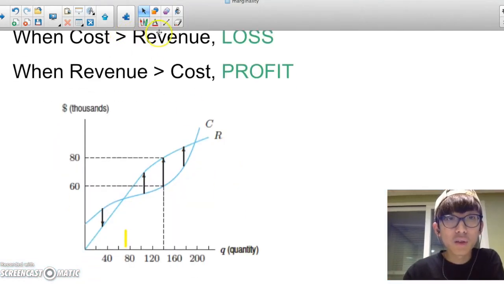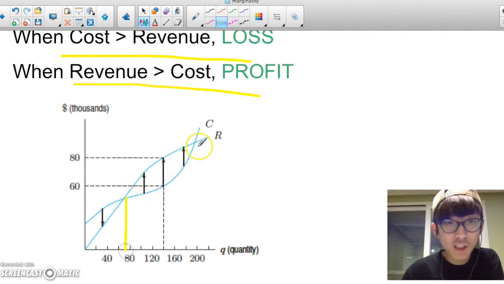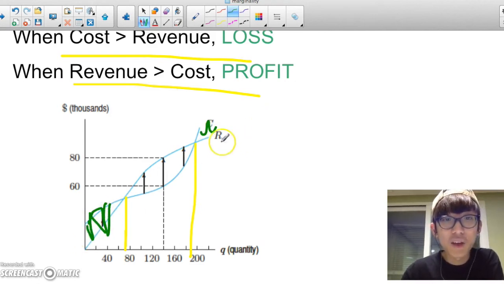So looking at this definition and looking at this function, we can see that from this section to this section, because revenue is bigger than cost, it's encountering a profit. However, in these sections, sorry, I'm a terrible drawer, in these sections, it's encountering a loss or a negative profit.